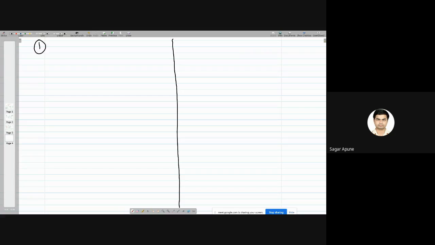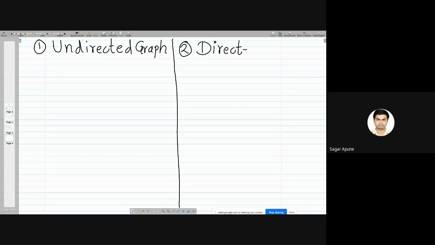The first type is undirected graph. And the second type is directed graph. Okay. The first type is undirected graph and the second type is directed graph.